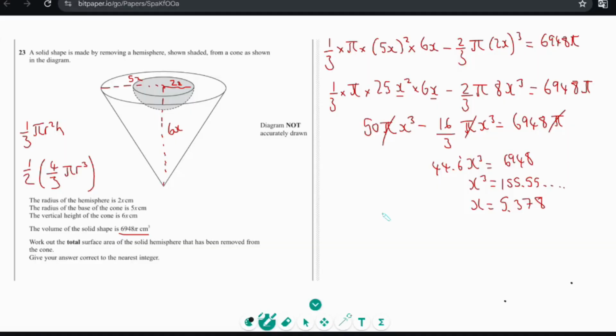All we need to do now is find the total surface area of the solid hemisphere that's been removed. Surface area of a sphere, if you look on your formula sheet, is 4 pi r squared. We've got a hemisphere, so it's half of that.